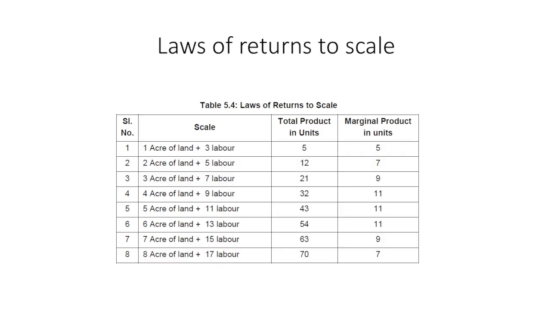Increasing returns to scale occur when the producer increases the quantity of all the factor inputs, such as land and labor in this case, in a given proportion, as I have already told you, and the output increases by a greater proportion. Then we can see from this example, if all the inputs are increased by, say, 10%, the output is increased by 15%.